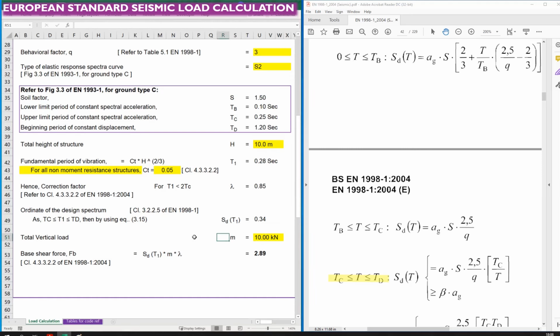Then the next one is the total vertical load. This is to be as per the structure model and the technical specification requirement. Generally, the total self weight we need to consider for seismic load calculation.